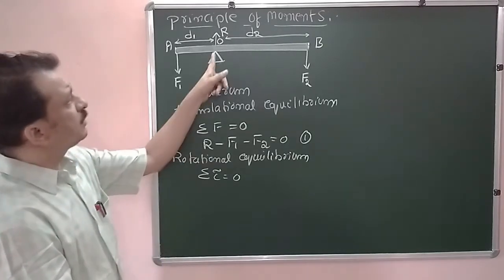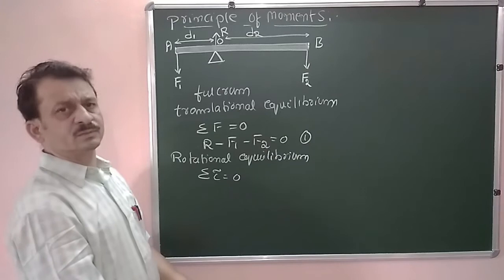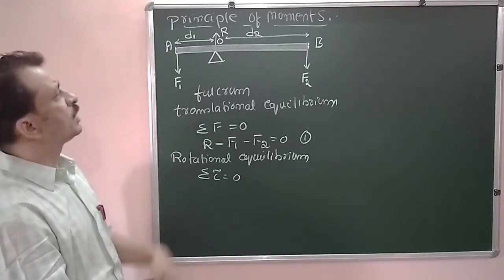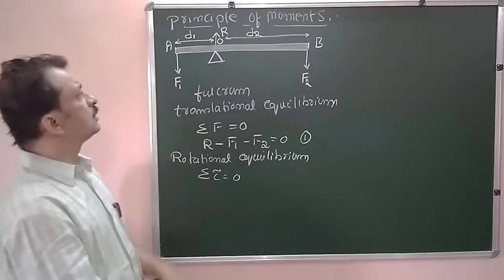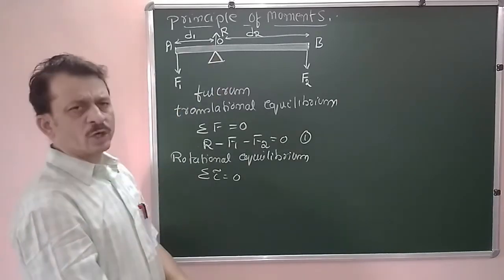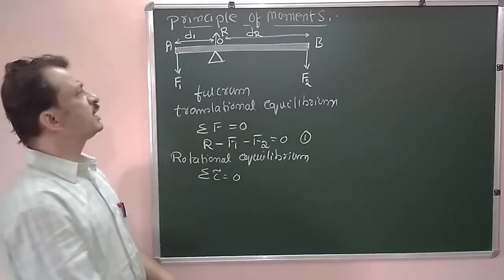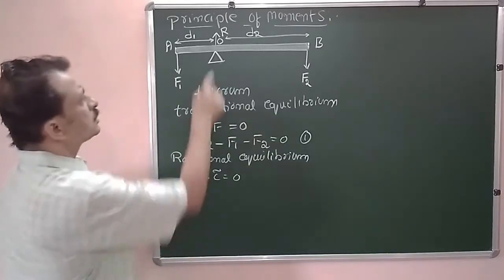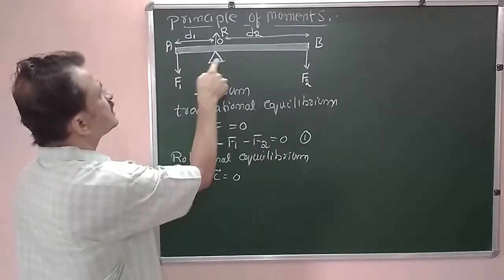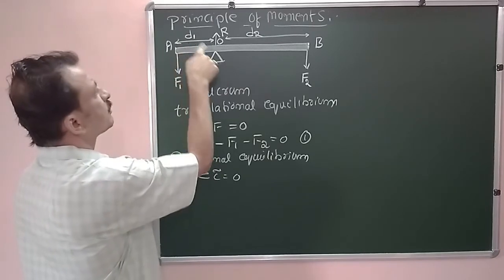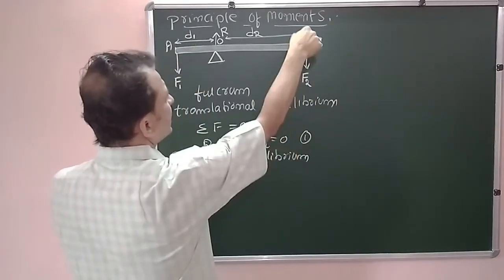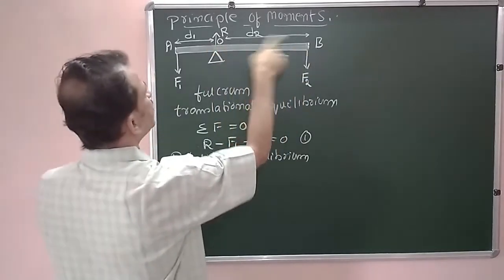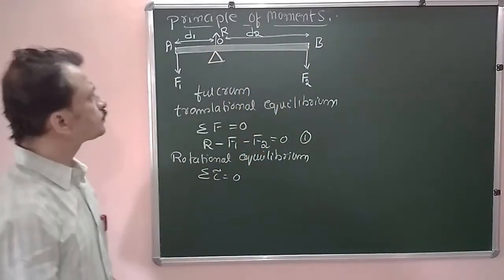Now we will take the torque or moment of force with respect to the fulcrum. The force F1 is at a distance d1 from the fulcrum and F2 is acting at B at a distance d2 from the fulcrum.